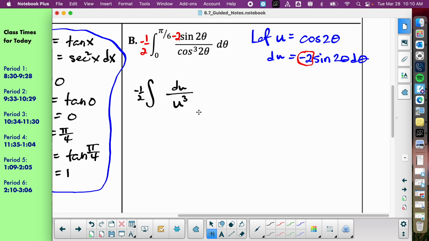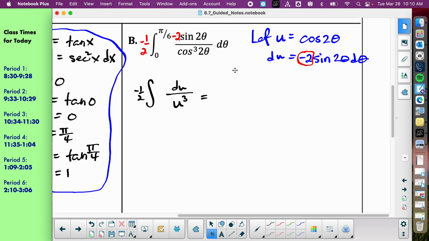One tip I will tell you, du can never be in the denominator. And so if you're sometimes confused about which one was supposed to be u and which one du, I couldn't make sine u because that would make du kind of in the denominator, and it can't be.